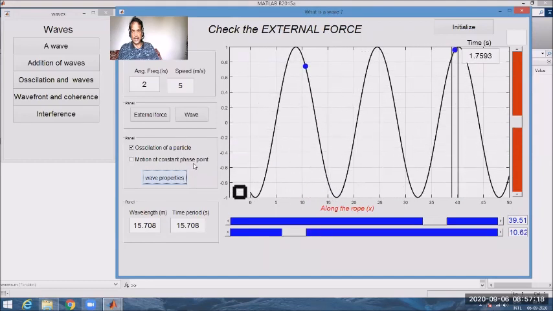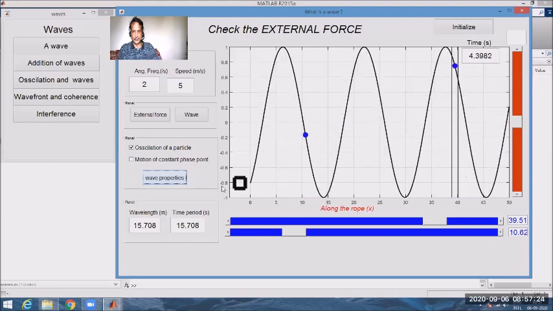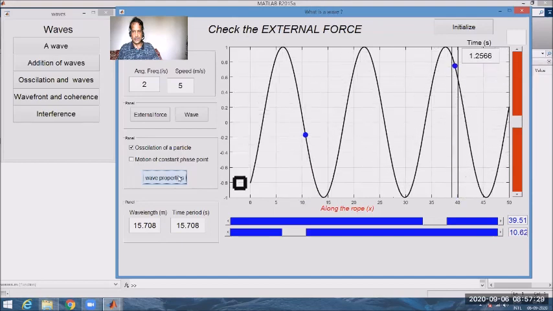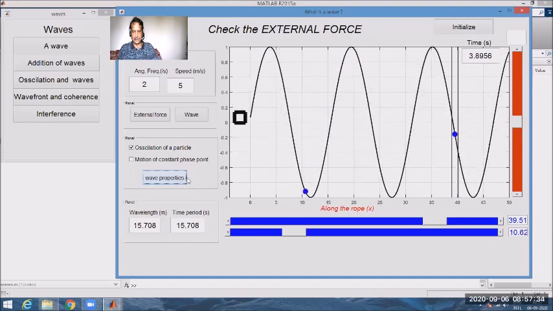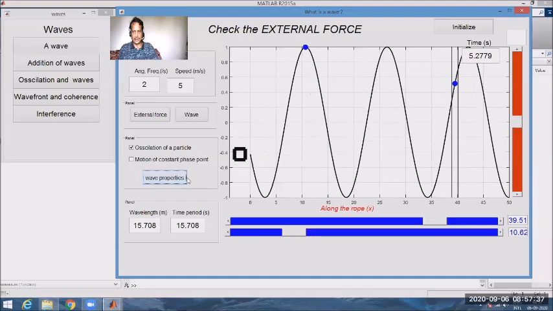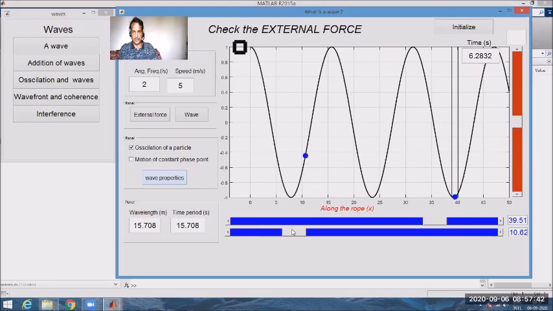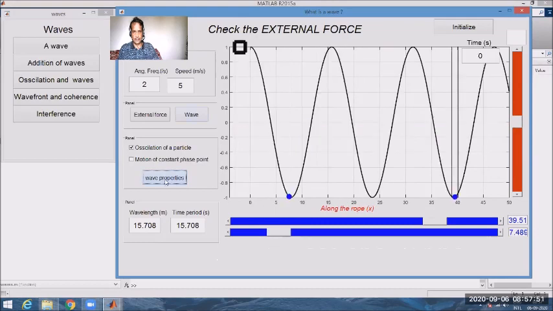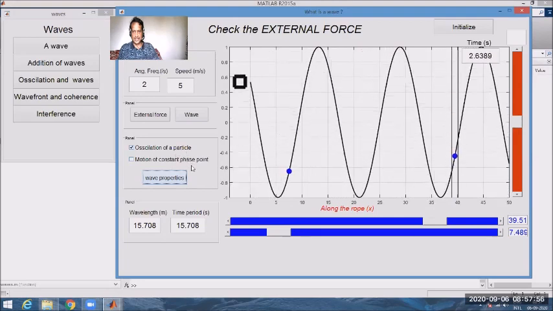You can take any two particles and this phase relationship holds good. They're almost in phase, they're traveling together.